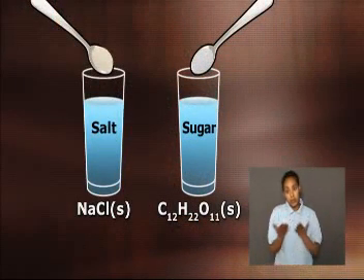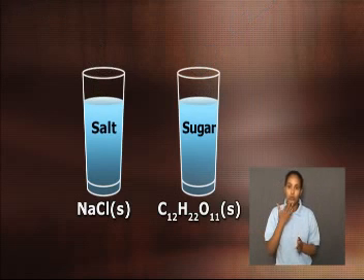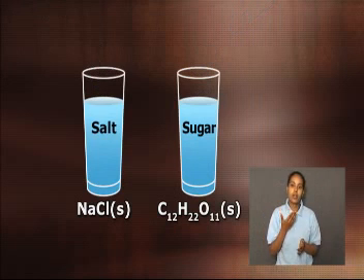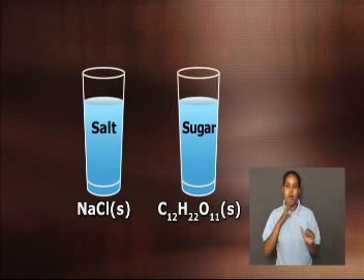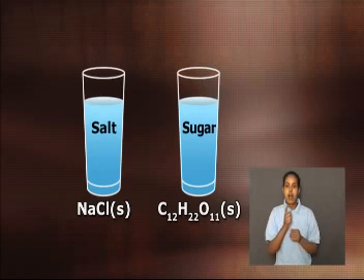If you add a spoonful of salt or sugar to a glass of water, the salt or sugar will dissolve in the water. While both of the components will still be present, you will not be able to see them apart visually. The mixture is uniform.